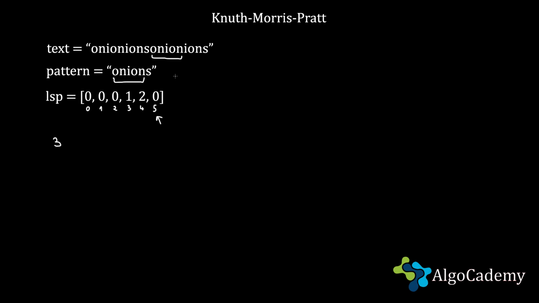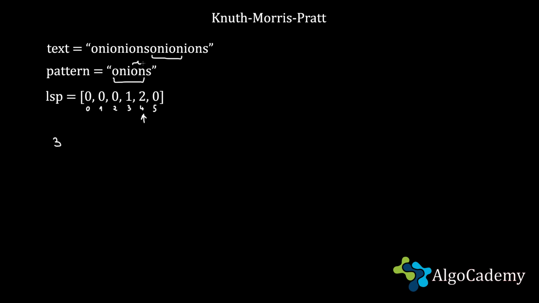So what am I gonna do? In order to try out the next possible valid substring, I need to know the longest suffix from this substring onion which is also a prefix here. And because these two are equal, I actually need to know the longest suffix from this substring in pattern which is also a prefix. And of course I know this value, it is LSP of 4, which equals 2.